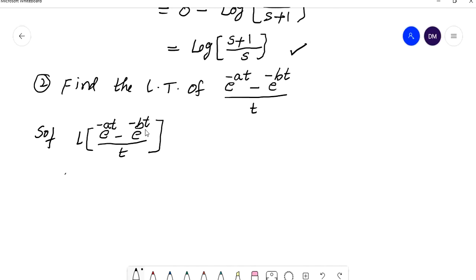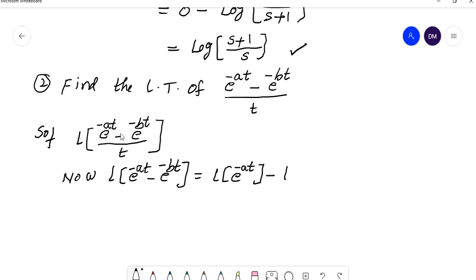So first I can find L of e power minus at minus e power minus bt. This is equal to L of e power minus at minus L of e power minus bt.